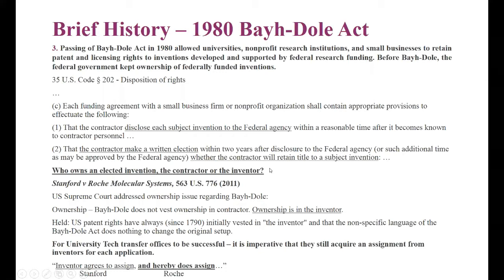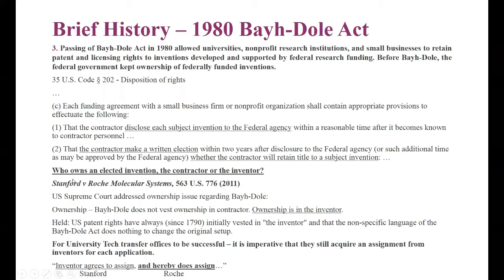Is it the contractor, or is it the inventor who makes the invention? And the case of Stanford versus Roche Molecular Systems held that the ownership really is in the inventor, which means that the university has to get an assignment of the invention from the inventor to the university.